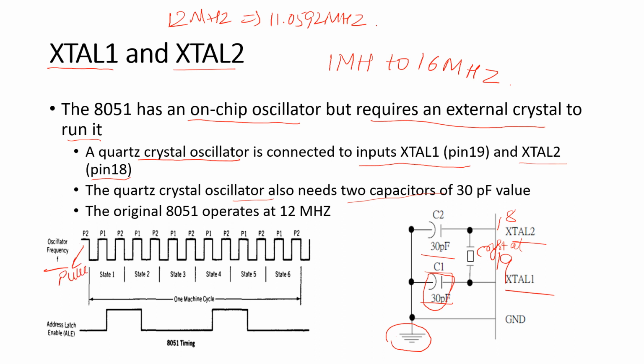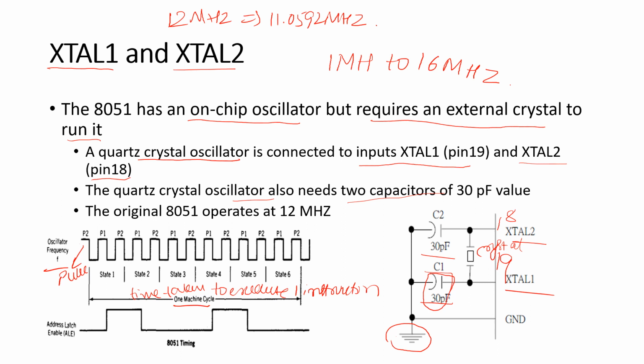The smallest time interval we use to accomplish any simple instruction is called a machine cycle. Okay, we are talking about one machine cycle. It is the time taken by the microcontroller to execute one simple instruction.